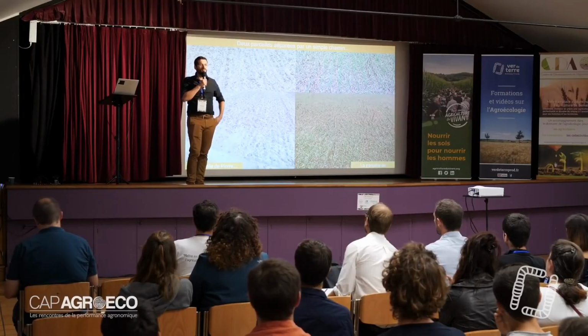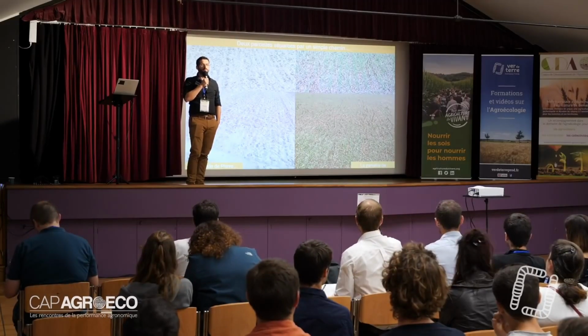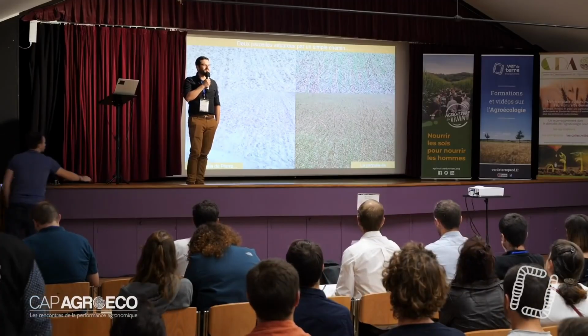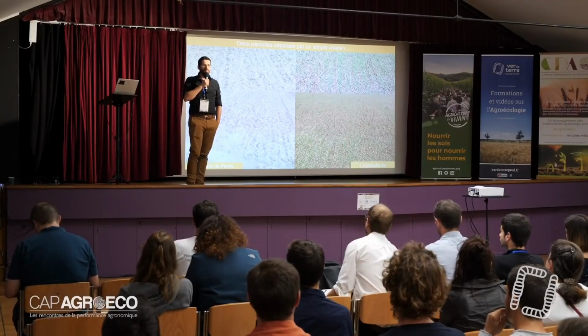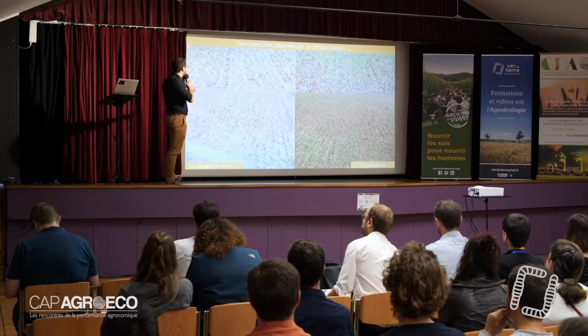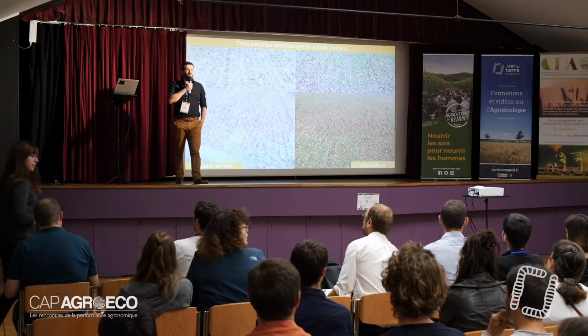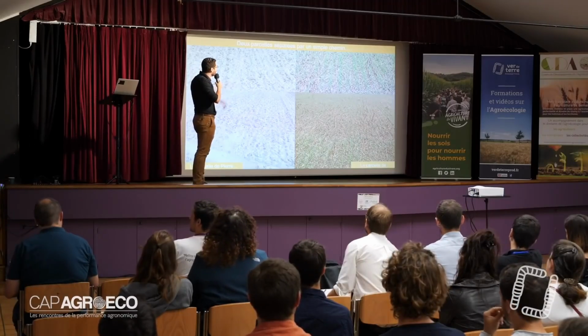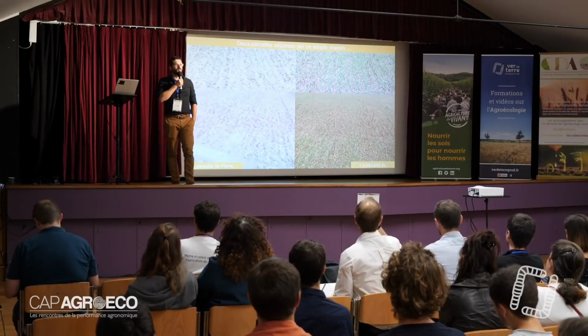Go ahead. I'm asking you. I'm sure some of you know the answer. Right? The soil is more compact here. Okay. What else? Yes, we can see crop residues on the right. That's true. What else can we say? Go ahead.